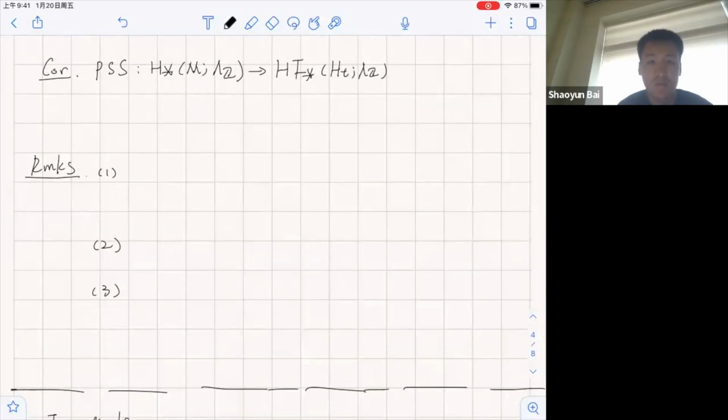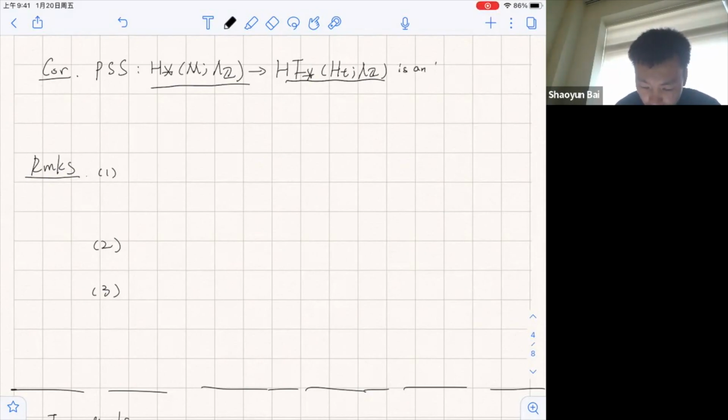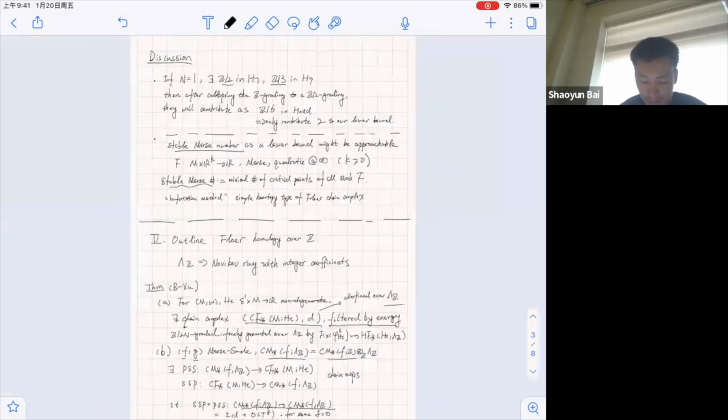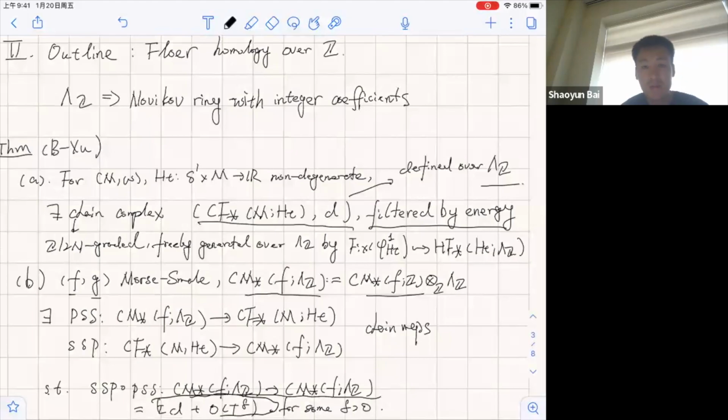Let's say we pass to the homology of both sides. The Morse chain complex here, and here is our Floer homology. Because it has some sort of inverse, this is an injection. The point is, if we have something of this form defined over our Novikov ring, it is invertible.